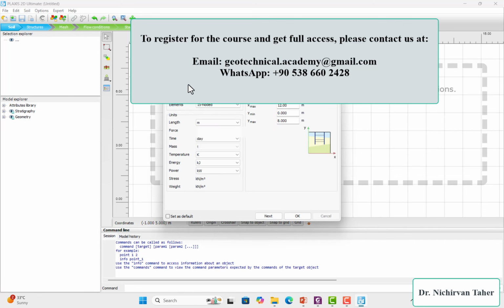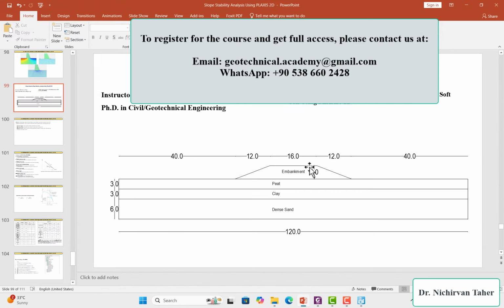After that we click on the model, and I will assume that the origin, which is 0, 0, is located at the middle of the natural ground. I will need one borehole to create the soil stratigraphy, and I will model this embankment in structure mode using a soil polygon.